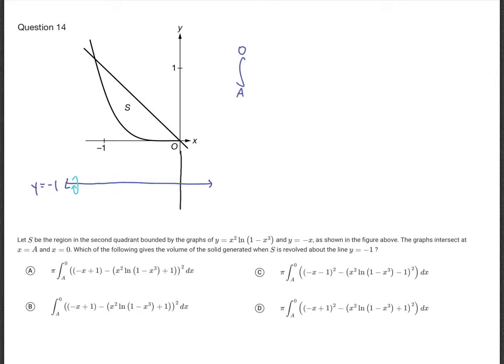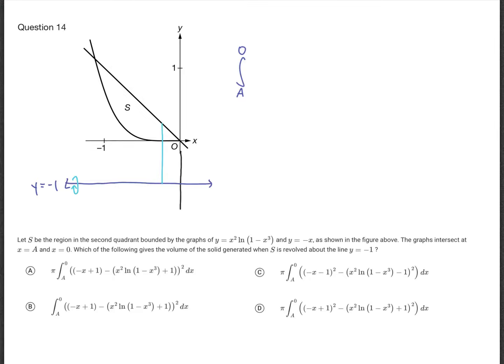So, think about it. This is the radius that we're dealing with. From here to the x-axis, this distance is whatever the function is, for different values of x. And this function is -x. So this distance is -x, whatever x is.